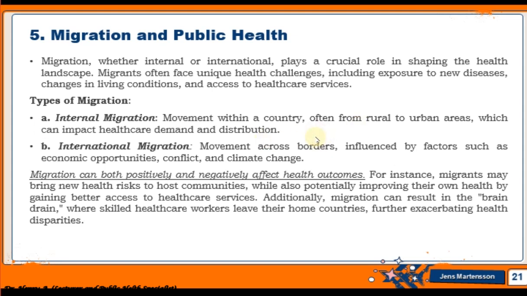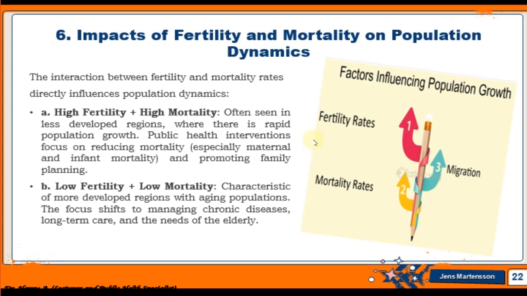Let's now see number 6, which is the impact of fertility and mortality on population dynamics. We'll be seeing it under high fertility plus high mortality.